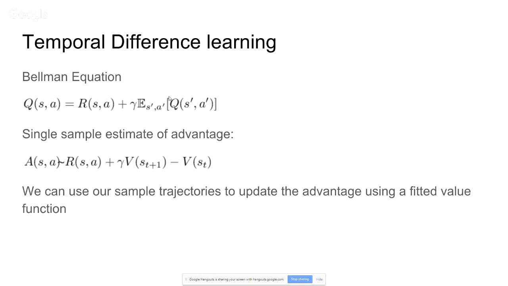And this relationship is true. And if you think about it, what this means is that if you want to calculate your expected future rewards, from a given state and action, you're going to calculate your reward for the next time step.